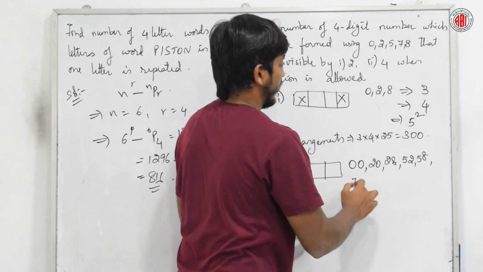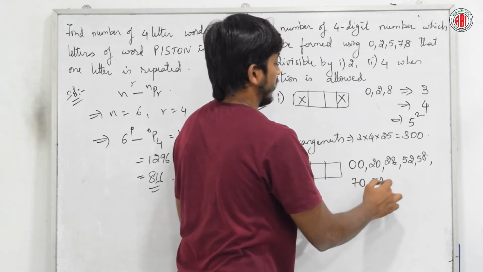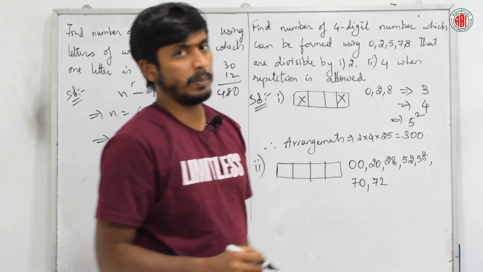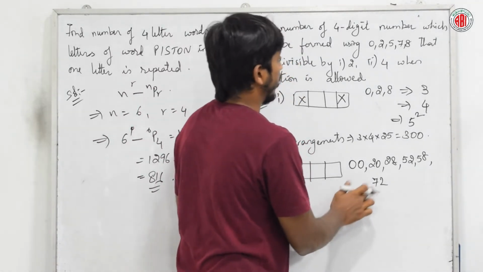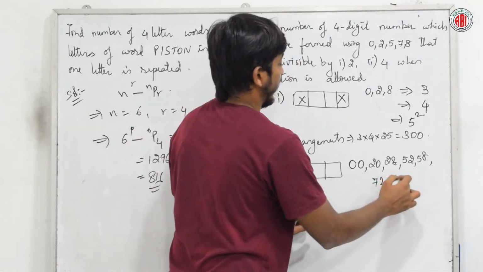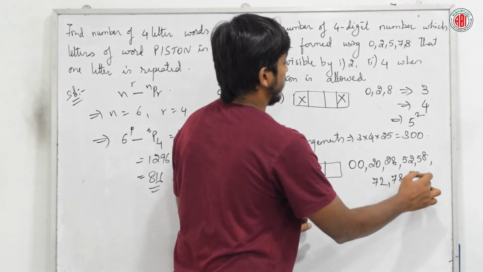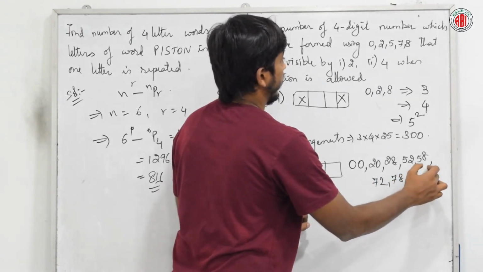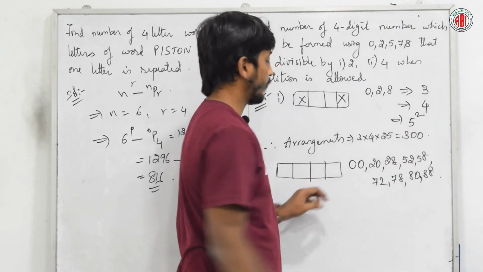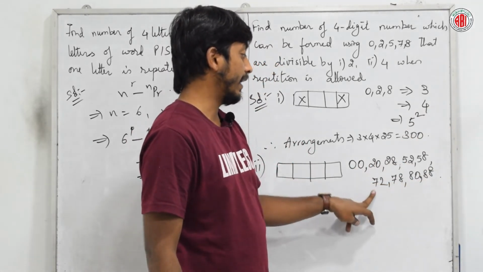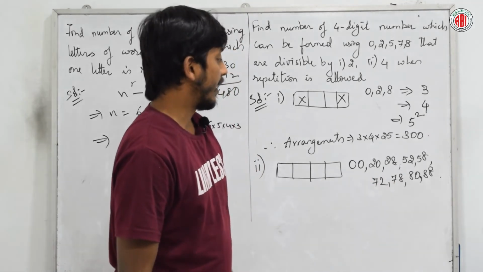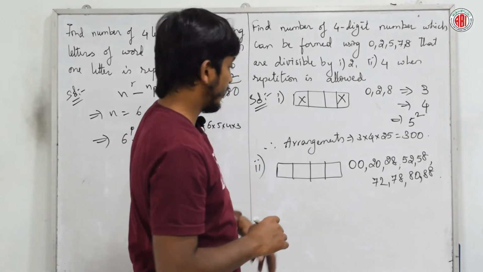Next 7 0. Will 7 0 go in the 4 table? No, it doesn't go. So obviously 7 2, 7 8, 8 0, 8 8. Total 1 2 3 4 5 6 7 8 9 numbers we got. Is it right?